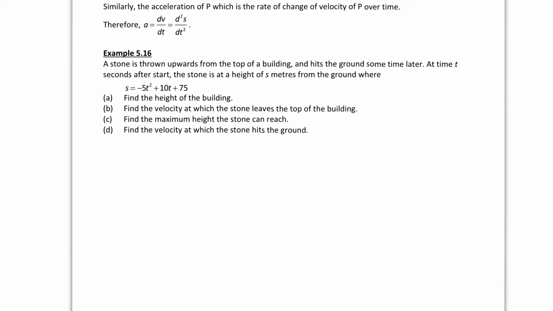Okay, read the question first. We have a building, and we throw a stone from the top of the building and then it falls down. What is the height of the building? What can we do?